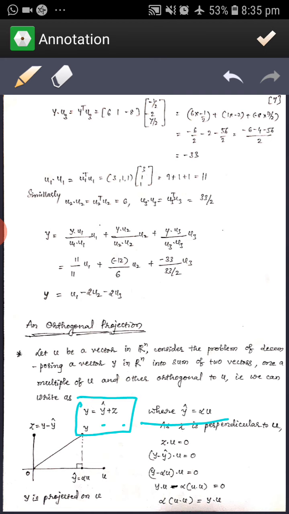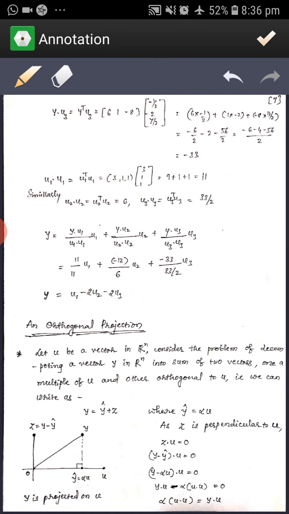The sum of two vectors here: one is a multiple of u, that is y bar. One more is orthogonal to u, that is z. So one is multiplied by u and one more is orthogonal to u, that is y minus y bar.